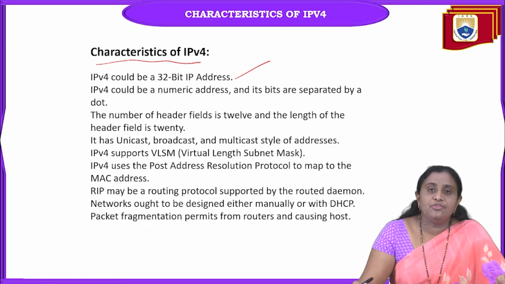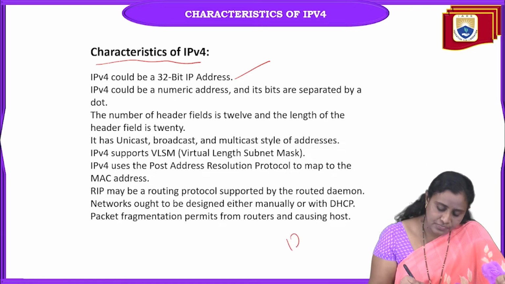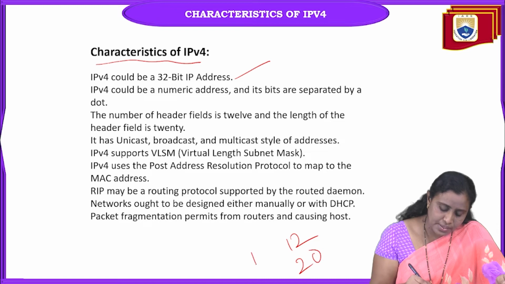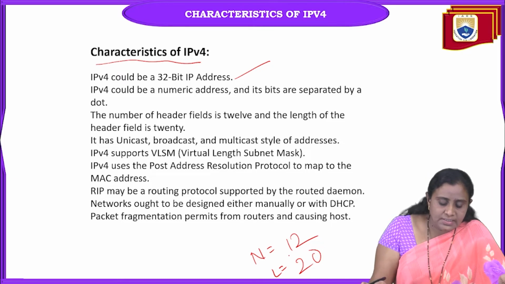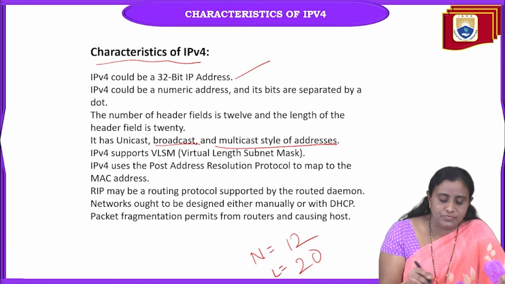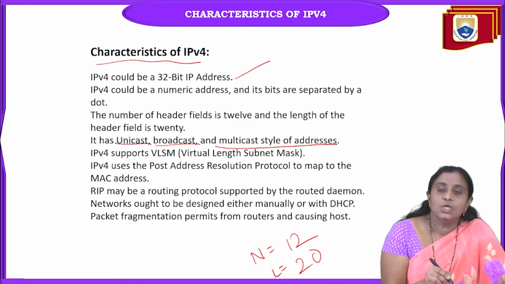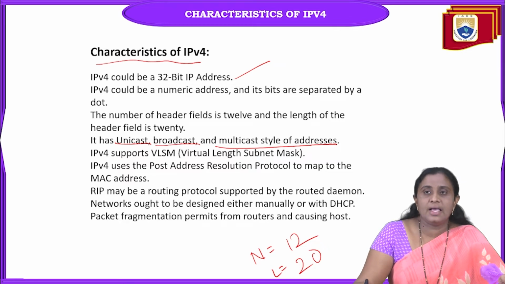The number of header fields is 12 and the length of the header is 20. It has unicast, broadcast and multicast styles of addresses, consisting of three types: the first is the unicast address, the second is broadcast, and the third is multicast.